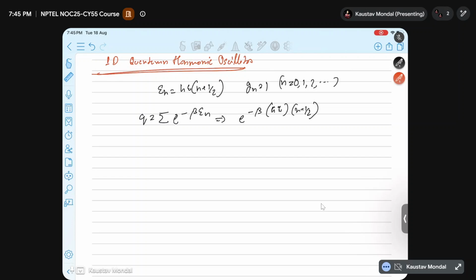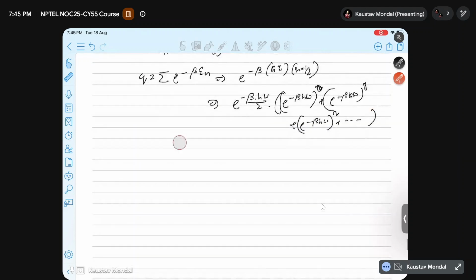n plus half. If you take e to the power minus beta h cut omega by 2 as common, then it will give you e to the power minus beta h cut omega to the power 0 plus e to the power minus beta h cut omega to the power 1 plus e to the power minus beta h cut omega to the power square plus dot dot dot, like this way you can expand.